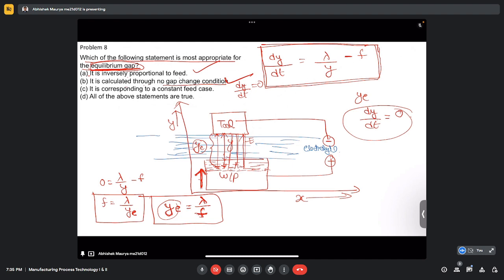and option C is it corresponds to a constant feed case.